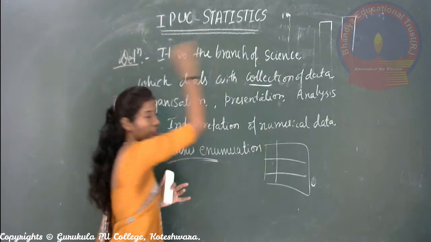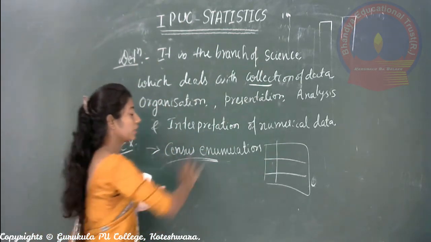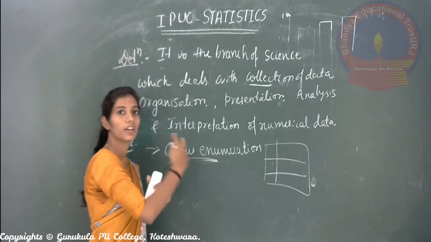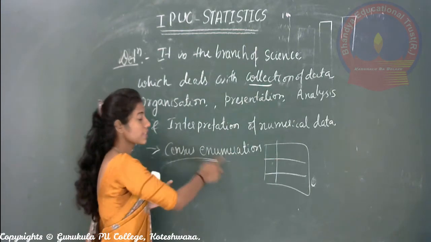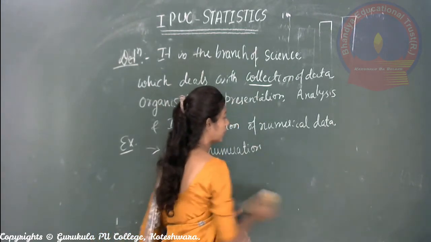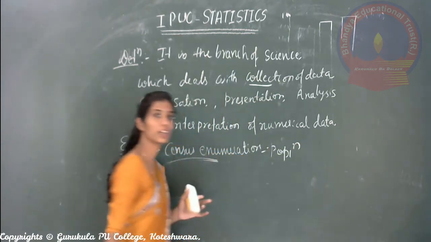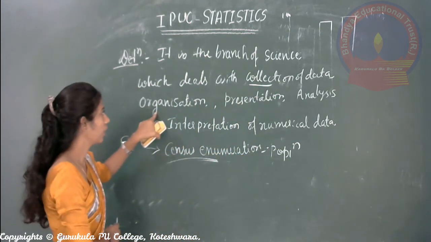So collection part. Data is nothing but information of a particular experiment. So this is information of what now? It is regarding the population of the country. Now organization.